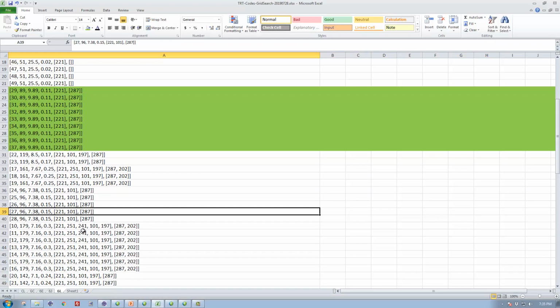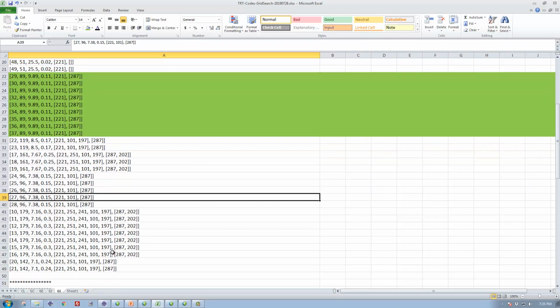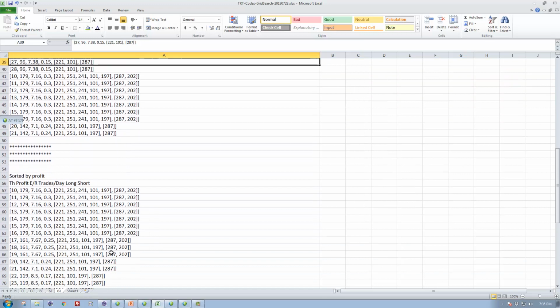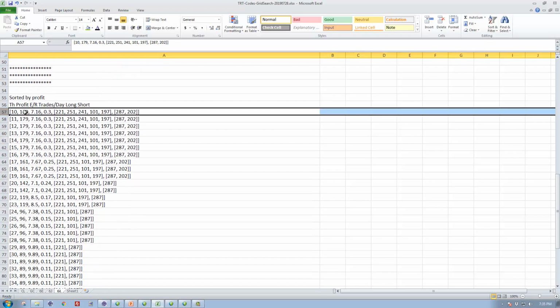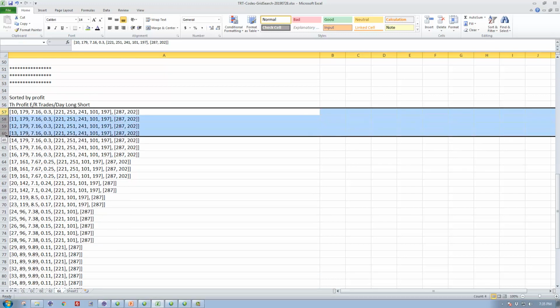let's flip it and look at the profitability here. So 89 ticks is what we're looking at here. So here it is by profit now, so the most is 179 at 7.16. That's not bad, actually.